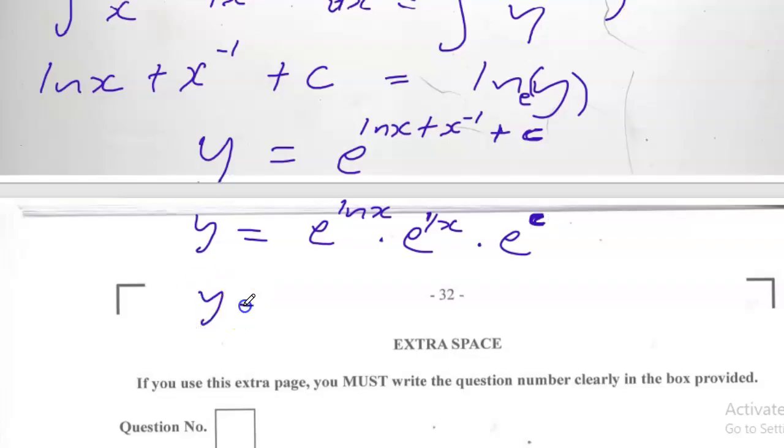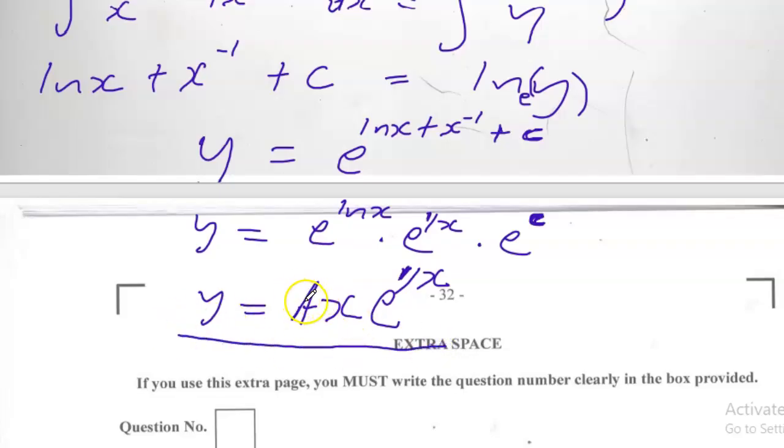Now e to the log x is the same as x, and e to a constant will also give another constant. Let me call this constant A, and e to the 1 over x. I guess this is the simplest we can write it.